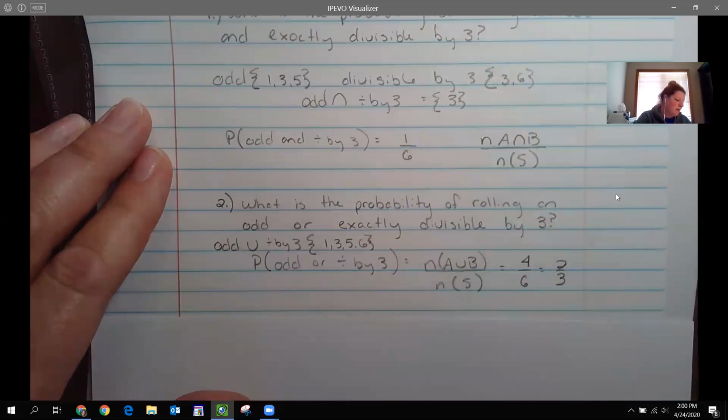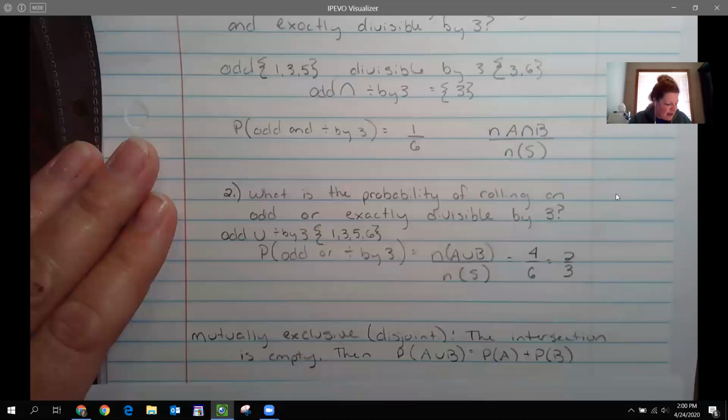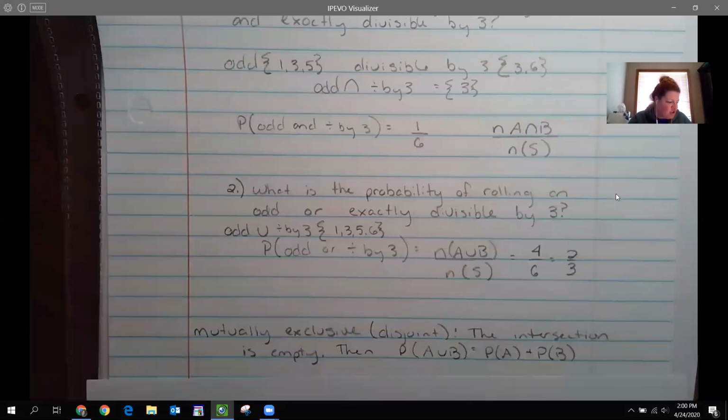Okay. All right, so a couple other words. Mutually exclusive is disjoint. The intersection is empty. So if I say some things are mutually exclusive, they have nothing in common. They're totally different from each other.